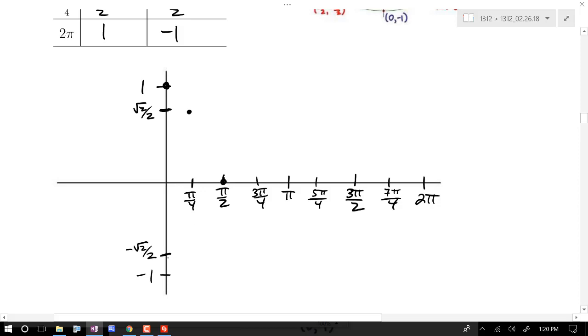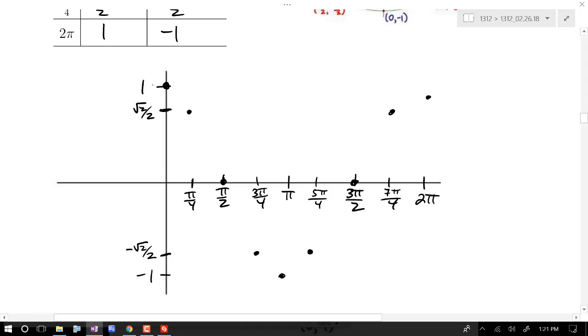At 3 pi over 4, we're at negative root 2 over 2, and at pi, we're at negative 1. At 5 pi over 4, back to negative root 2 over 2. At 3 pi over 2, we're at 0. That's the bottom of the circle. And at 7 pi over 4, we're at root 2 over 2. And at 2 pi, we're back at positive 1. Just taking these values we put in that middle column that we filled in up above.